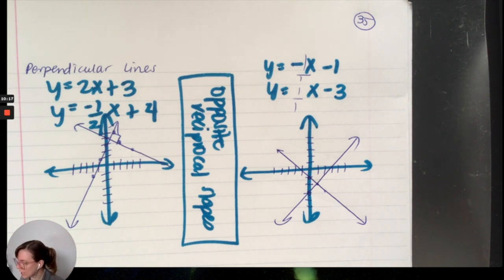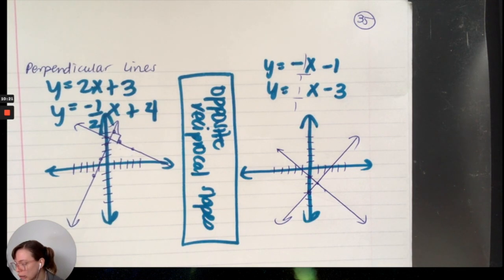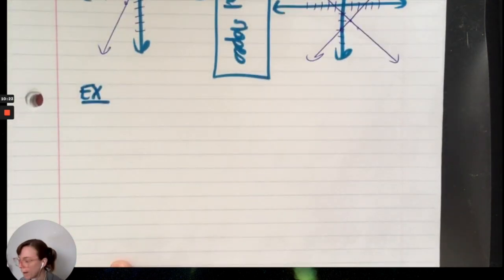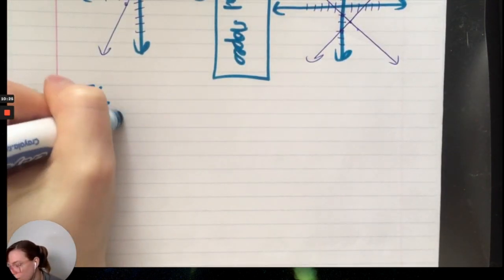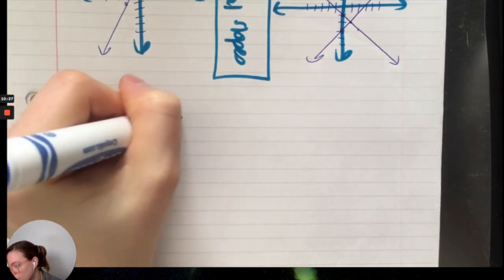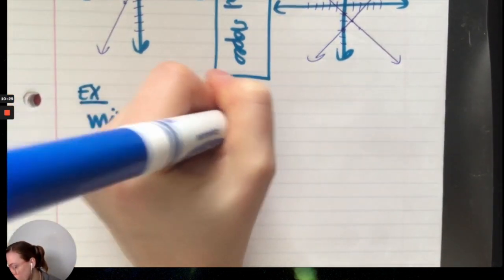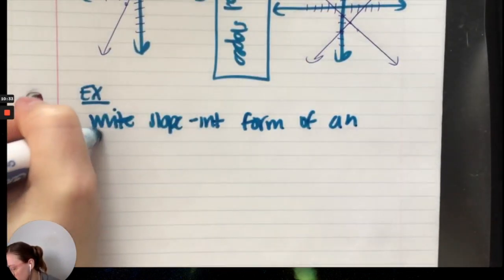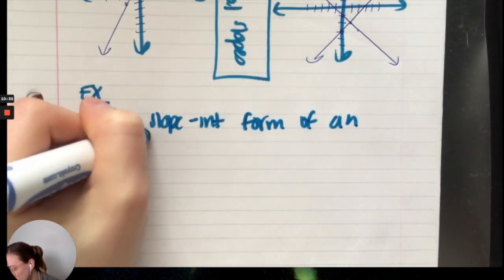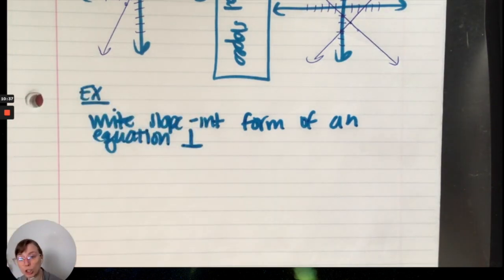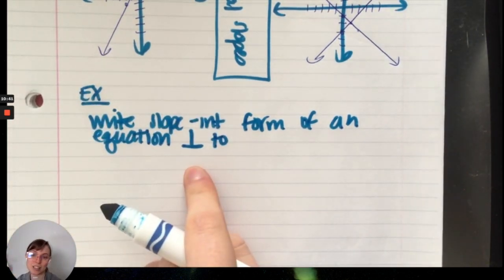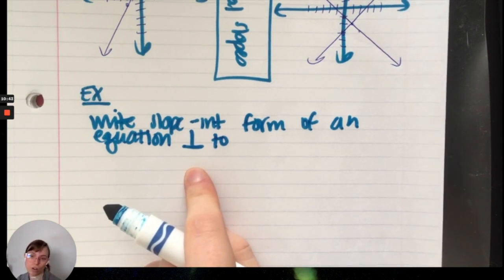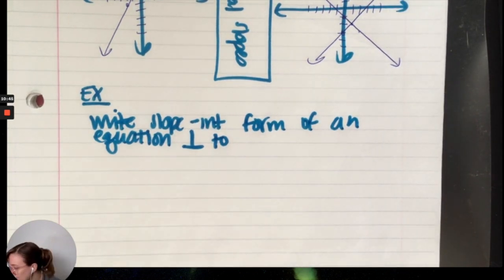And now for the extension example. So we are going to write the slope-intercept form of an equation perpendicular to, so upside down T is the symbol for perpendicular to, and you'll have to find a specific math keyboard to make that happen.